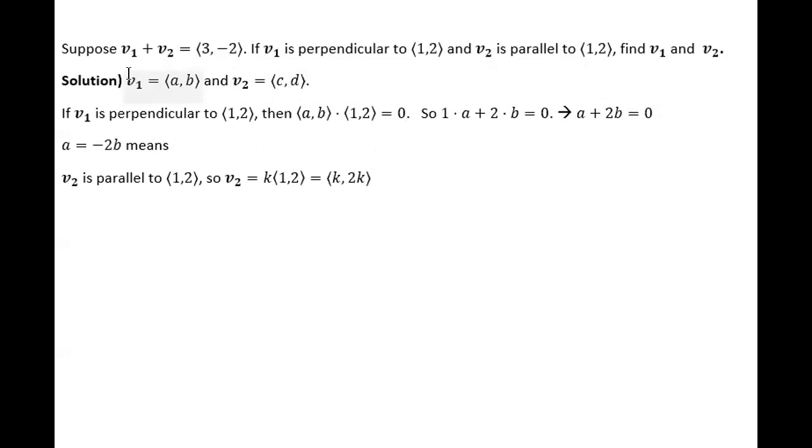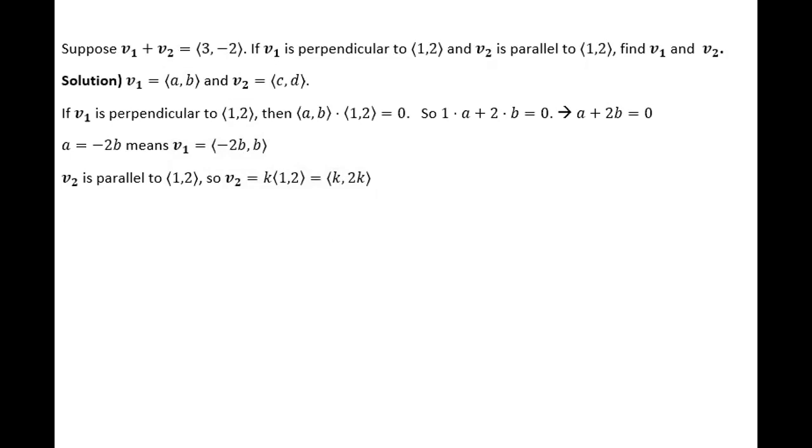Since V1 is (A, B), we can replace that with (-2B, B). Okay, so that's good. So we have V1 as (-2B, B) and V2 as (k, 2k).